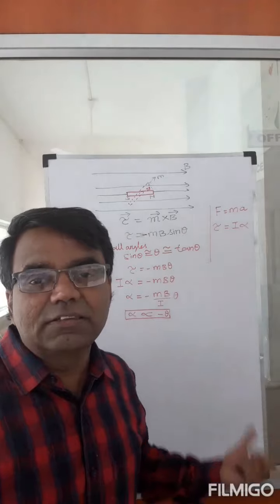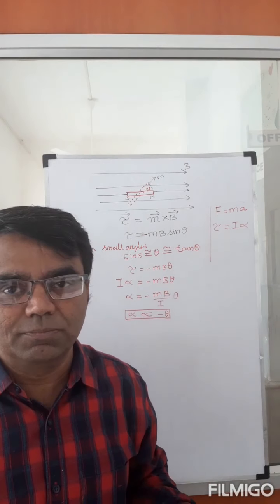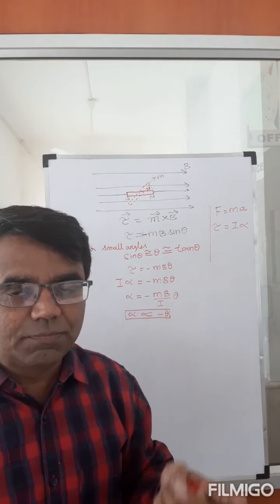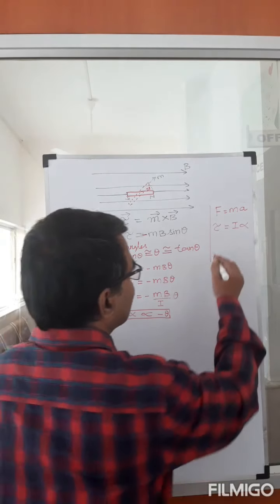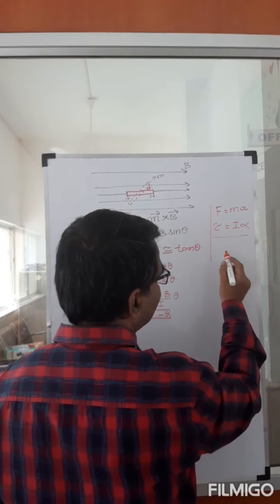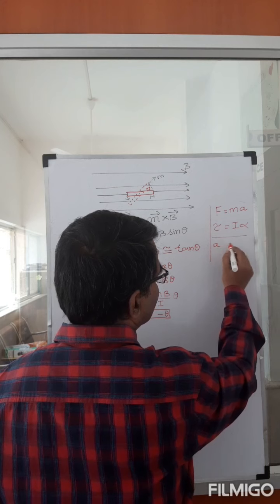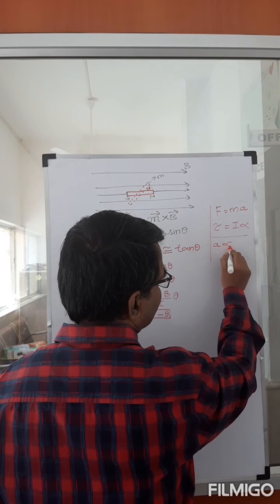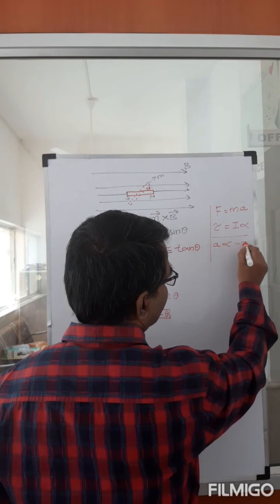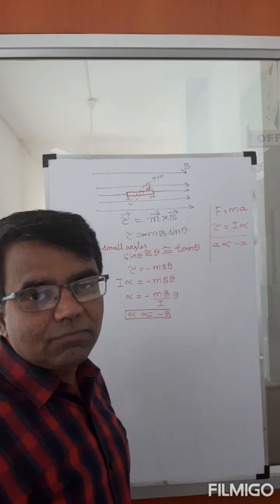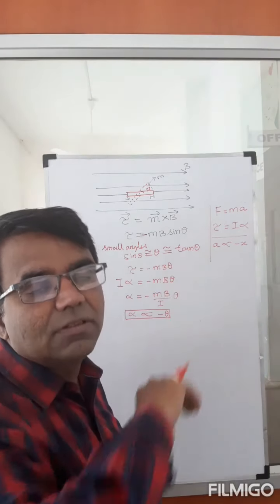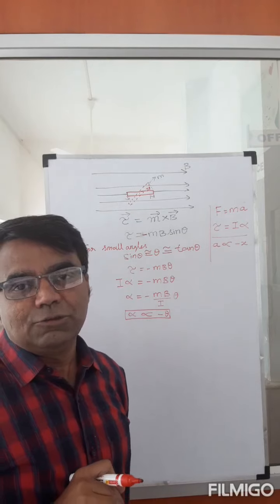And this is nothing but simple harmonic motion. So the definition of simple harmonic motion is that, right? If it is linear, then acceleration is proportional to negative displacement. You have studied that in your 11th standard.